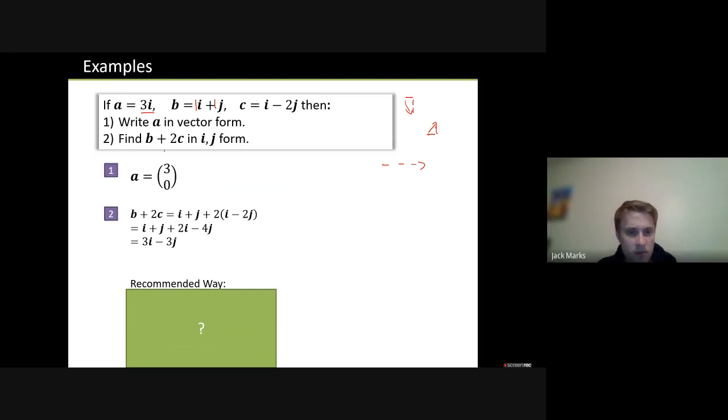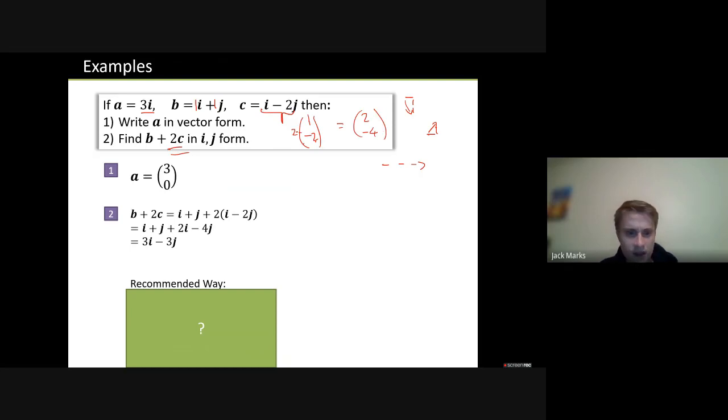For the second part, B plus 2C. Most of the time I would treat this as 1, minus 2. What does it say? It says 2C. So what you do is multiply top, multiply bottom.